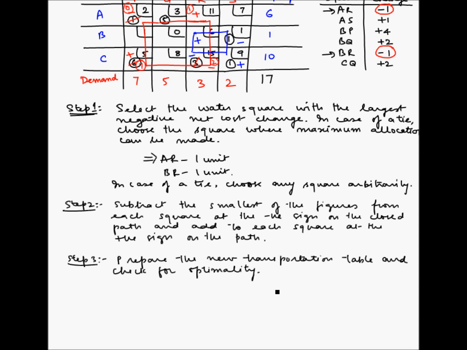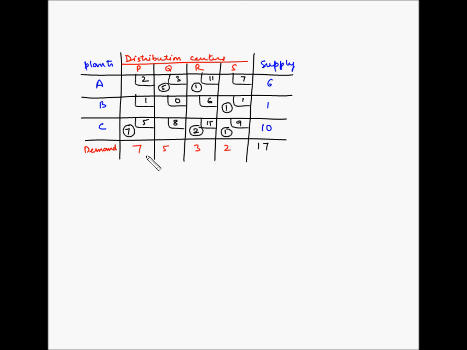Now in this video, we are using the modified distribution method for optimality test. So this is the new transportation table that we have obtained after making changes to the allocations.